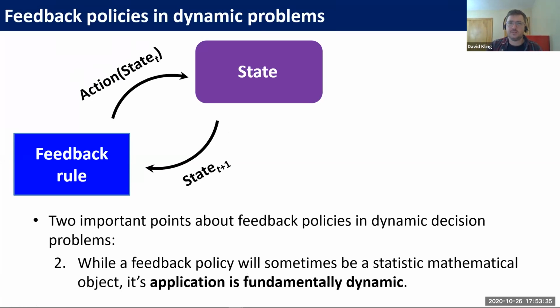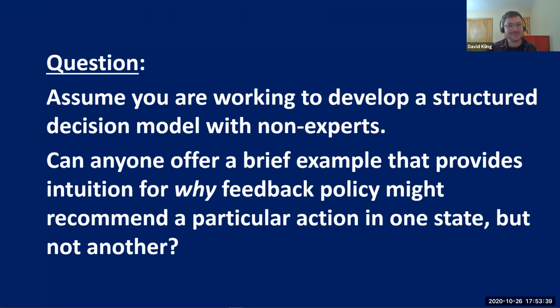So I have another question just to mix it up here. Let's see how this goes. I'm going to rely on the chat again. See if I can get some feedback here. Assume you're working to develop a structured decision model with non-experts, and you need to provide intuition for why a feedback policy might recommend a particular action for one state, but not another.